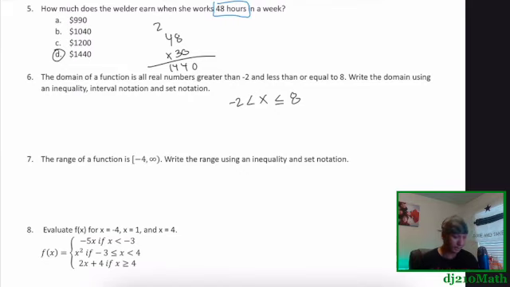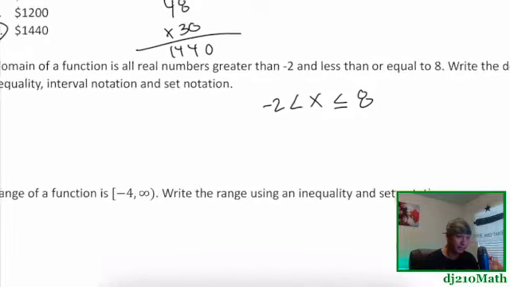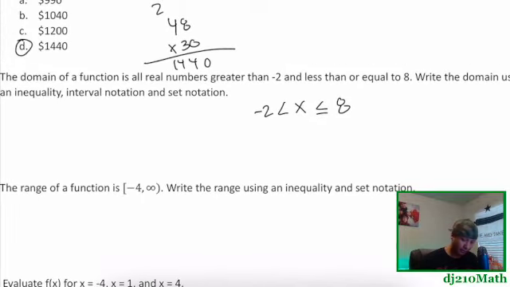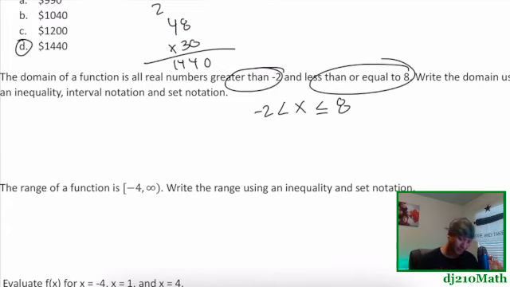So here is the domain for some function. Write the domain using an inequality, interval notation, and set notation. Okay, well, I already did that, right? Because it's greater than -2 and less than or equal to 8. Okay, so there's the inequality. Greater than -2 and less than or equal to 8.